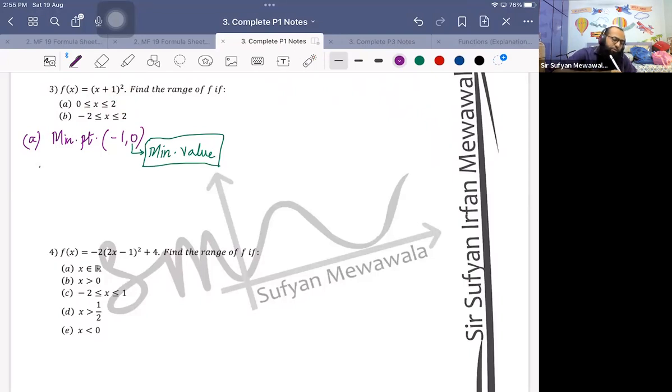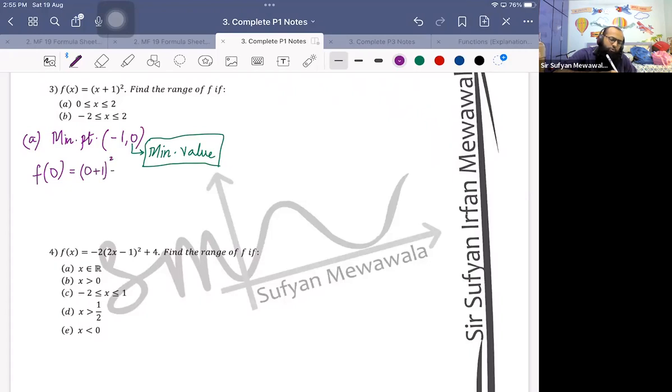So let's substitute. If you are going to substitute 0, function में 0 डाल दिया, क्या हो गया भाई? f से 0 किया तो 0 plus 1 whole square.